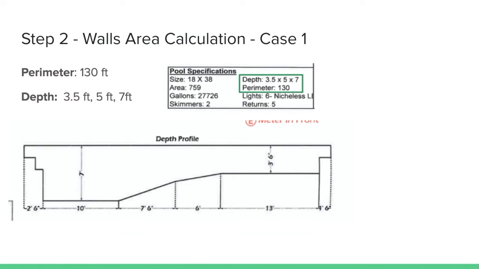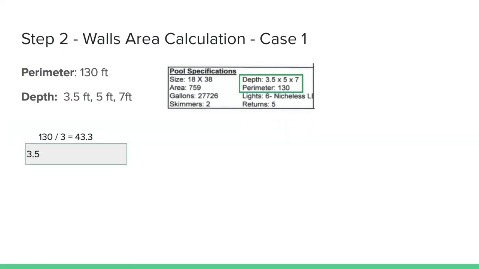The way we do that is by breaking it down into 3 rectangles that would represent the depth and the perimeter. The first rectangle in this case would have a depth of 3.5 and a length of 43.3, which is the perimeter divided by 3, and you're dividing by 3 because you need 3 rectangles.